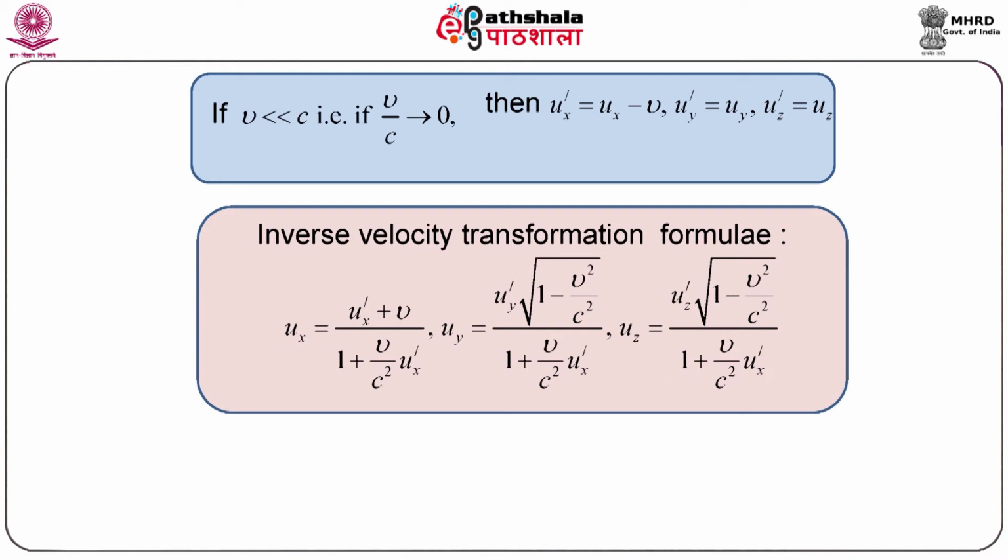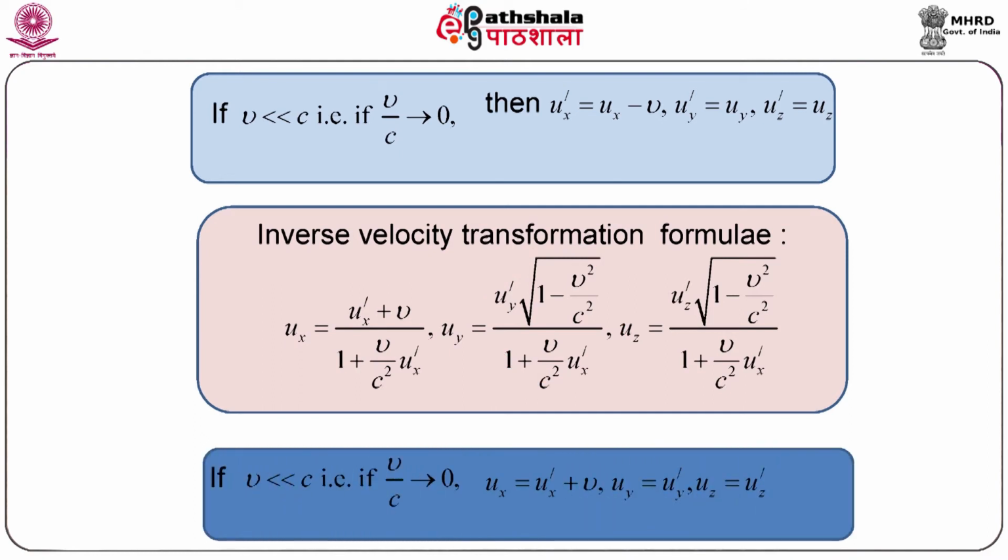That is, if we replace u_x by u'_x, u_y by u'_y, u_z by u'_z and vice versa in the velocity transformation formulae, and also replace v by minus v, we can get this result. This is the inverse velocity transformation formula.